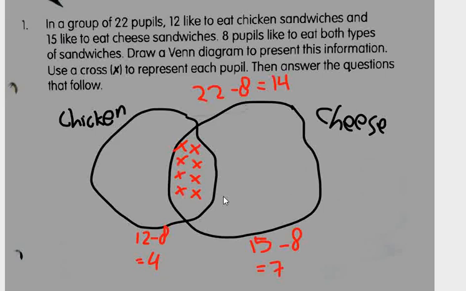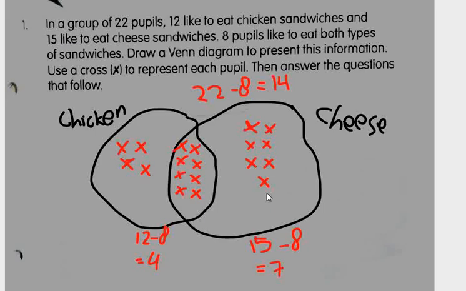Okay, so let's draw 4 here and 7 here. 4, 5, 6, 7. Okay, now let's count them all. Is it correct? 4 plus 8 equals 12, and plus 7 equals 19.